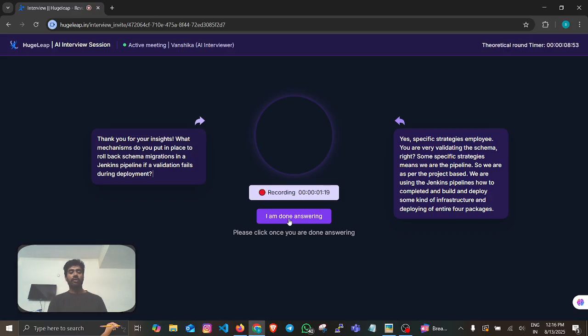That is how we work functionally. We deploy through the Jenkins pipeline, and if validation fails the deployment, that is what we investigate.